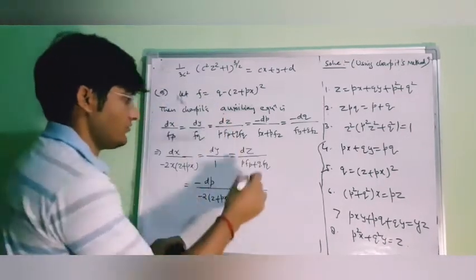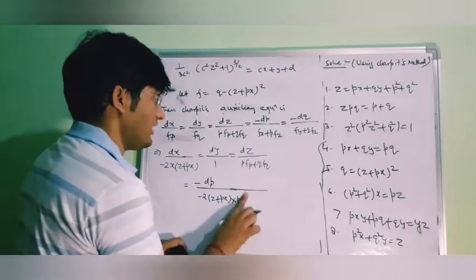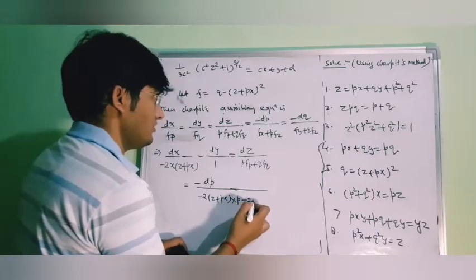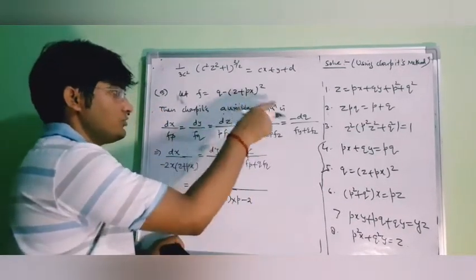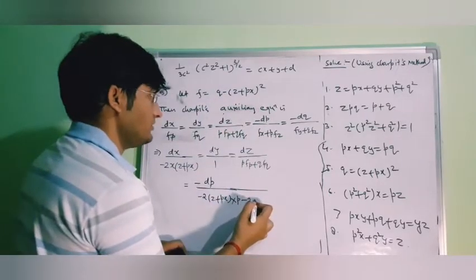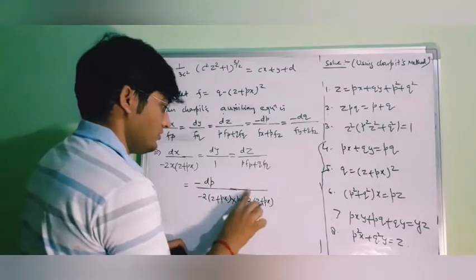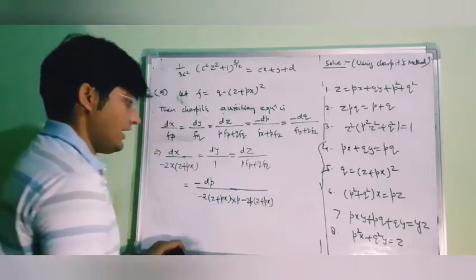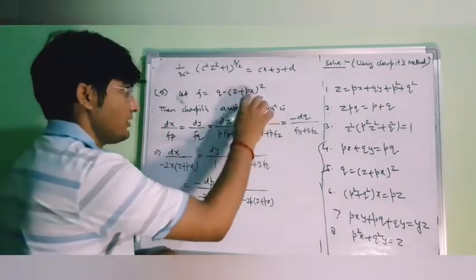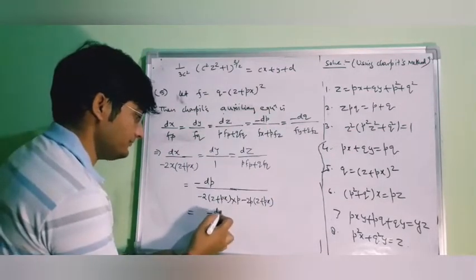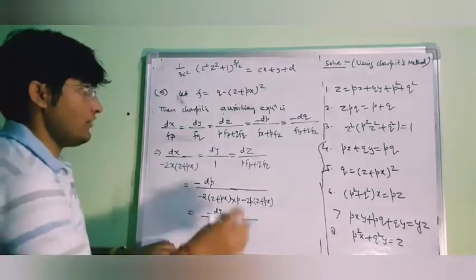Now p times fz will be, again this will be minus 2 times z plus px into p, so we will have minus 2p, and this is equal to minus dq upon fy.